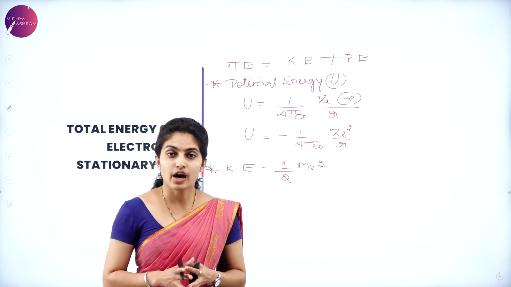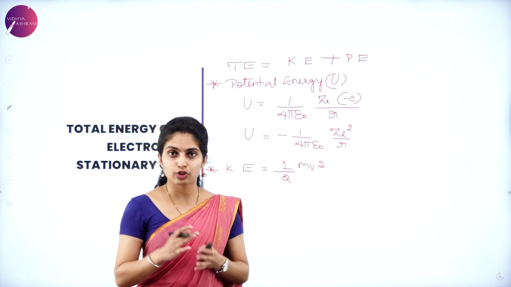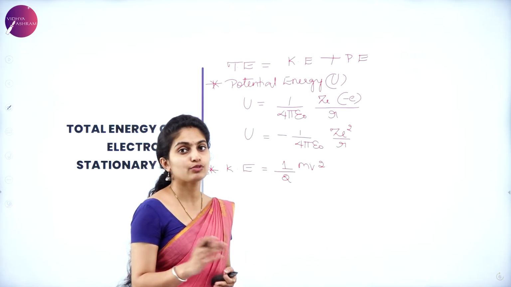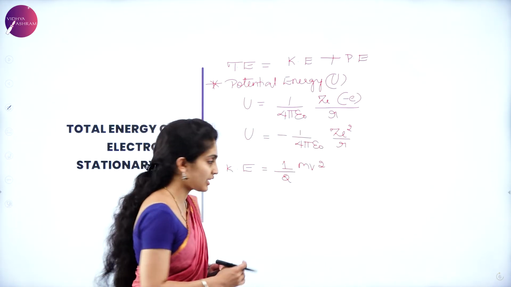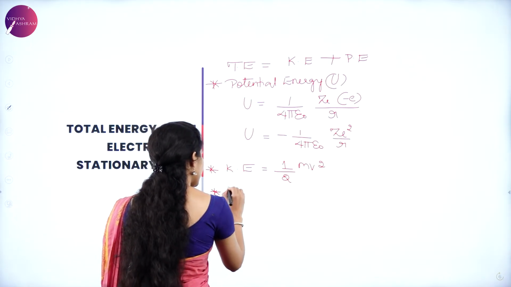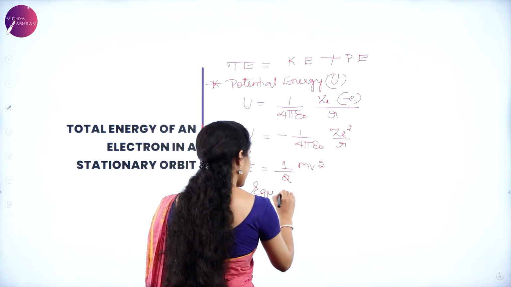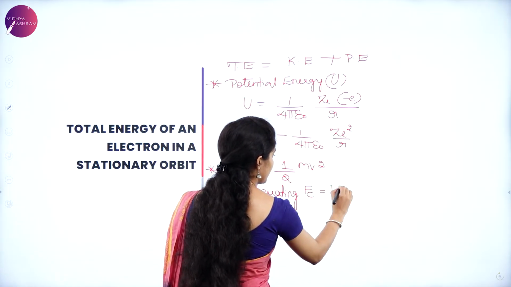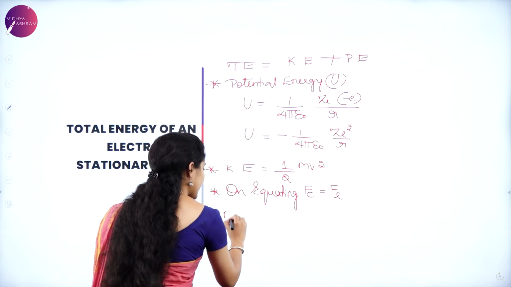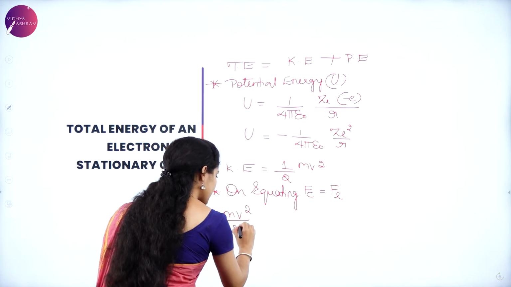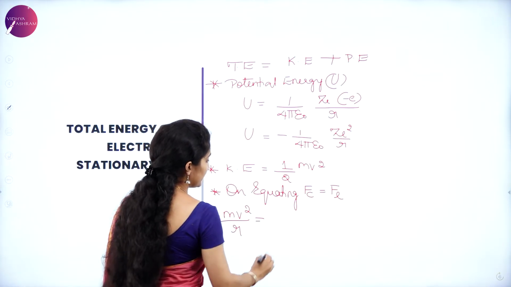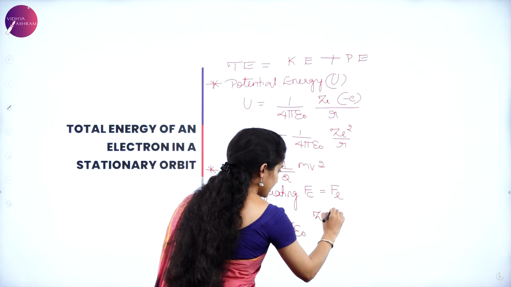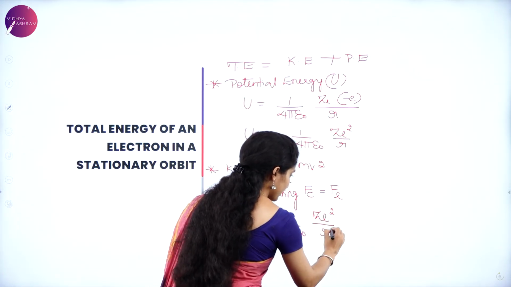Now let us equate the two sets of equations, that is electrostatic force and centripetal force, as we used to do in the previous derivations. On equating, Fc is equal to Fe, we have mv square divided by R is equal to 1 by 4 pi epsilon naught Ze square divided by R square.